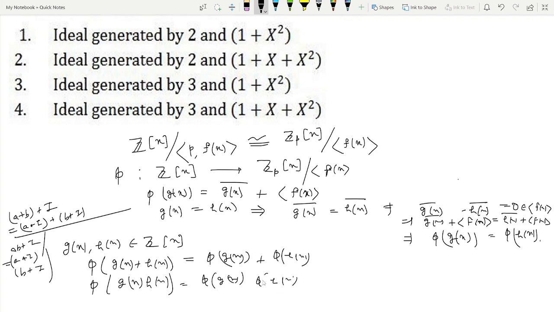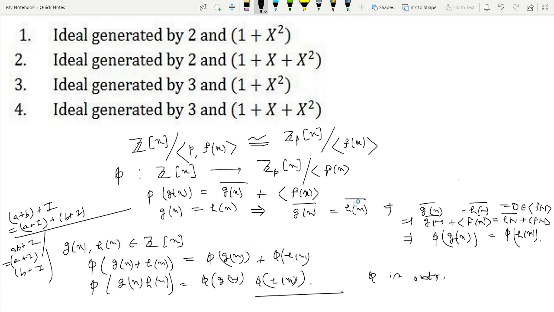So phi will be a ring homomorphism. Now also it is very easy to see that phi is onto. So phi is an onto ring homomorphism from Z[x] to Z_p[x] by the ideal generated by f(x).